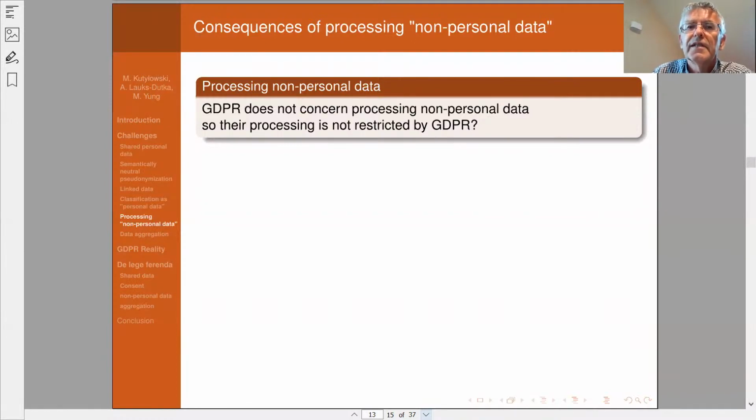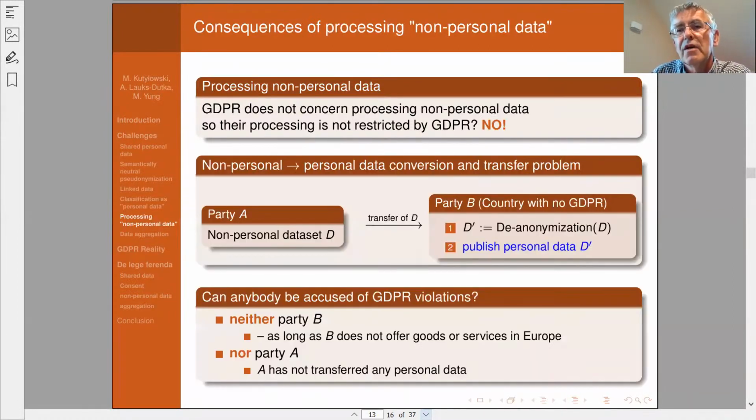So the second problem is what are the consequences of processing non-personal data according to GDPR. In principle, it's not covered by GDPR, but it is not really the truth. So we have here a simple example: some non-personal data set, and then transferring this data set abroad to countries with no GDPR or comparable rules. And somebody there performs the de-anonymization and publishes the personal data.